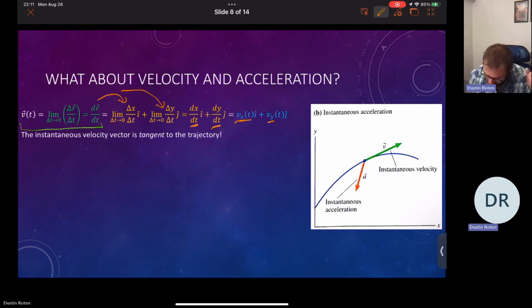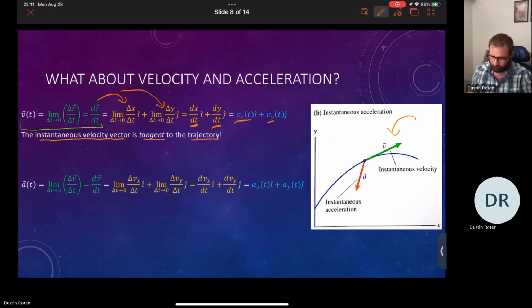It is important to note that the instantaneous velocity vector is tangent to the trajectory. And you'll notice over here in the plot, that instantaneous velocity vector looks like a tangent line from calc class. Now we can do the exact same thing again. You'll notice we're just doing the limit with a change in velocity over time instead of a position.